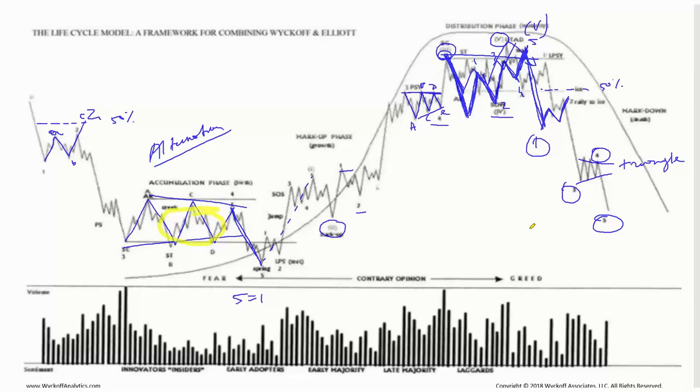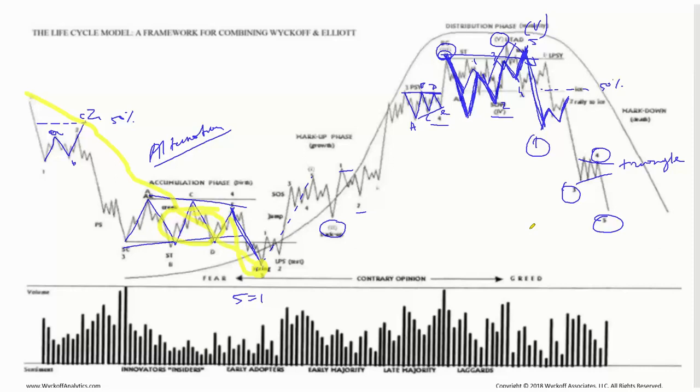So the positioning of this triangle is perfect because it says we've got one more move down, and following this decline, this move is going to be very significant because the triangle is going to finish the larger move down.